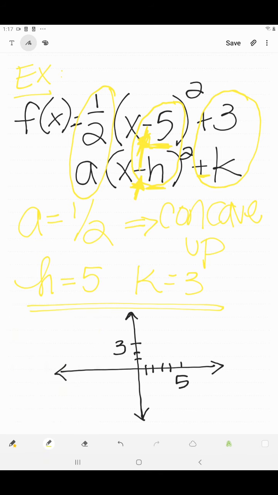That's our vertex, (5, 3). And then we simply follow the rest. The only thing we know is it's concave up, so it opens upward like such. And there is our parabola. It's going to look like that with our vertex there at (5, 3).